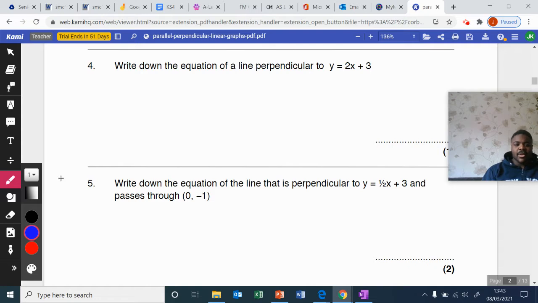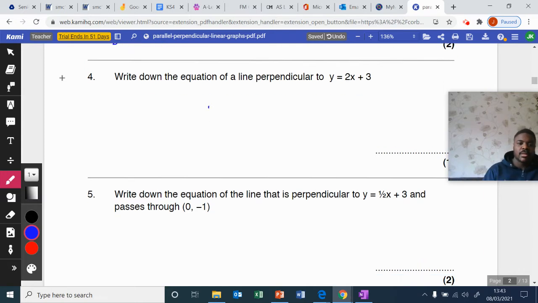So, here we're going to answer a question on perpendicular lines. Okay, so with a perpendicular line, just write the rule here really quickly.